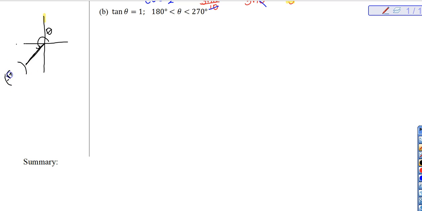So negative square root of 2 over 2 and negative square root of 2 over 2. Because I'm in quadrant 3, my x and my y values have to be negative. And there I have my cosine of theta equals negative square root of 2 over 2, and my sine of theta equals negative square root of 2 over 2.